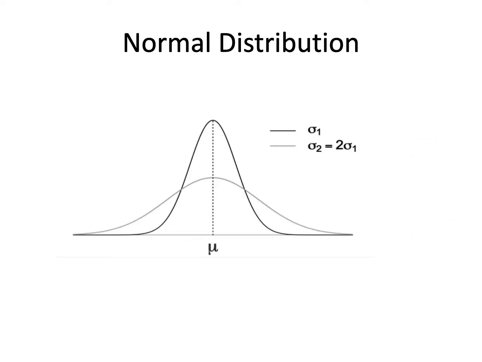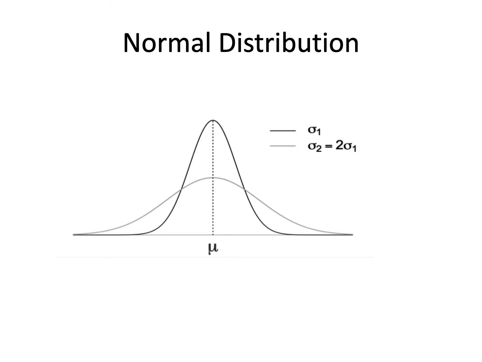Here is another plot to give us a little more perspective on what sigma represents. The gray line represents the normal distribution with a standard deviation sigma equal to 2, and the black line represents the normal distribution with a standard deviation sigma equal to 1, so the standard deviation of the gray curve is double that of the black.